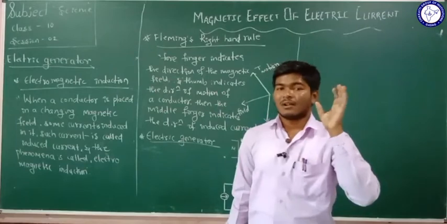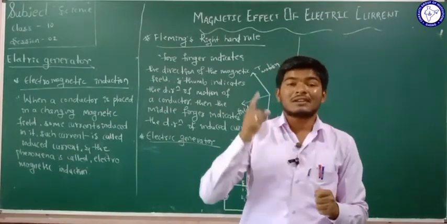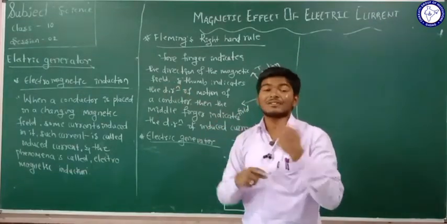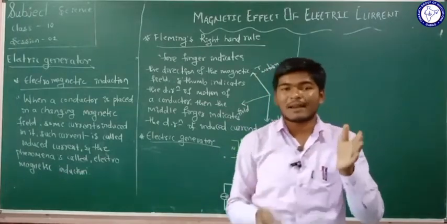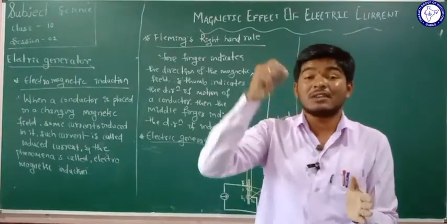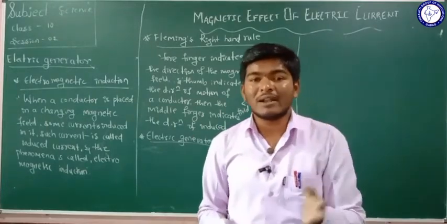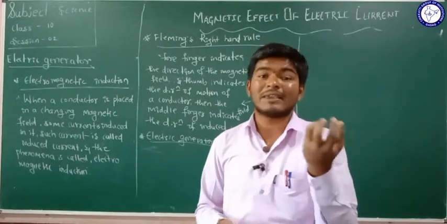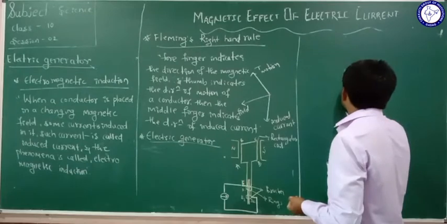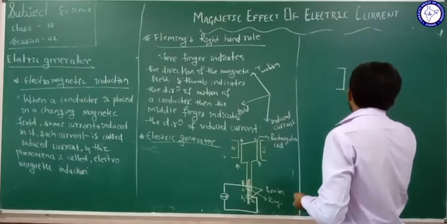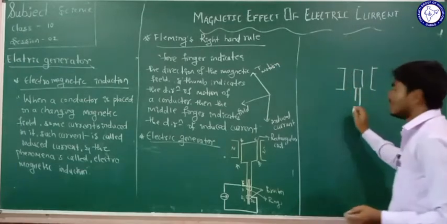But when the magnetic field is constant, and we move the coil, what happens? If we place a magnet constantly and rotate this axle continuously, what happens here?